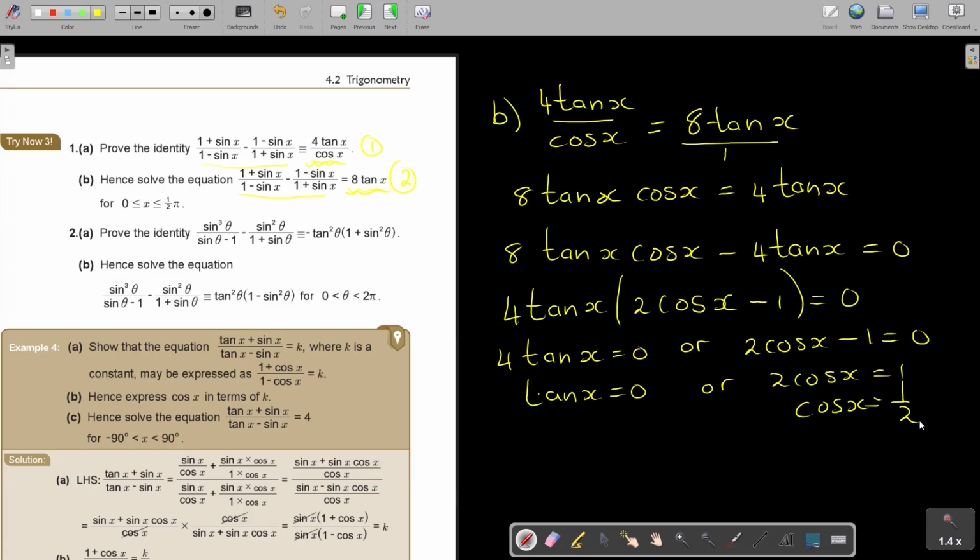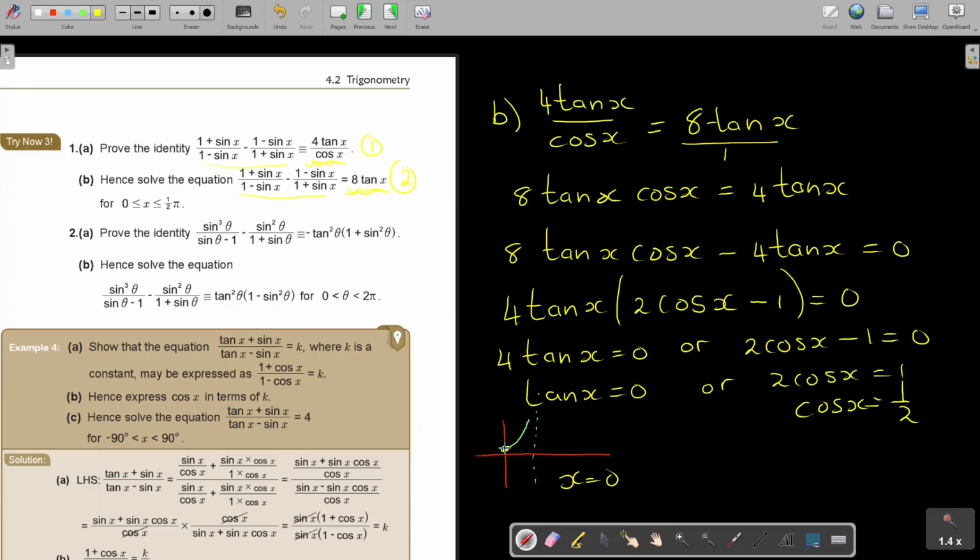Now, let's start with the tan graph and see where it is 0. Now, this is my graph. You see, it starts there at 0. Okay, but now it's only up to 90. So the first one, I can say x is 0, because it starts there.